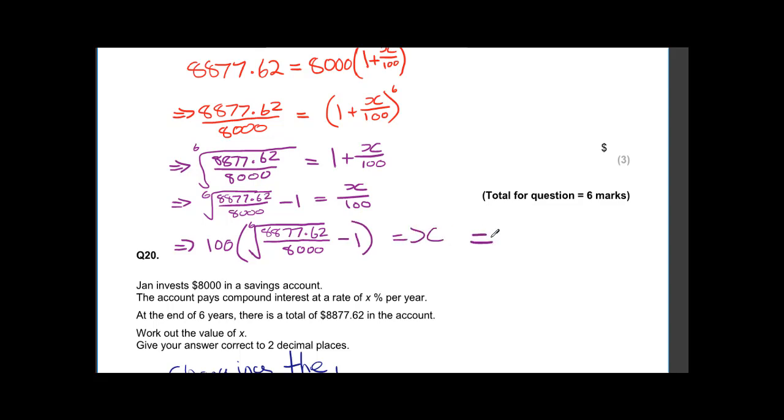Okay, I'm going to do it on my calculator. So I'm going to get the sixth root of 8877.62 divided by 8,000, minus 1, multiplied by 100, 1.75%, and that's it.